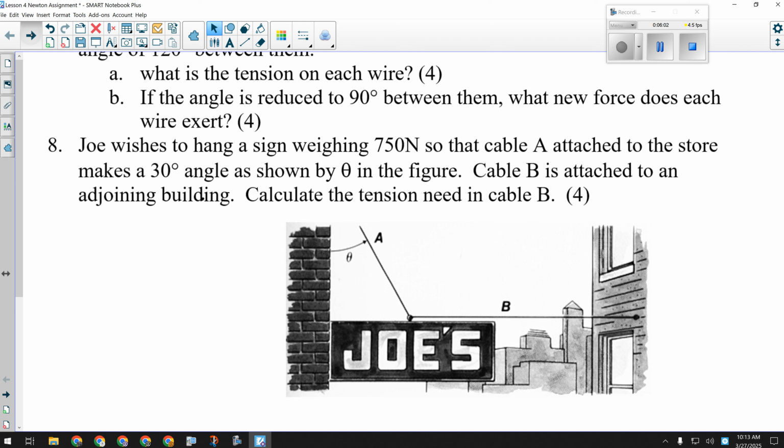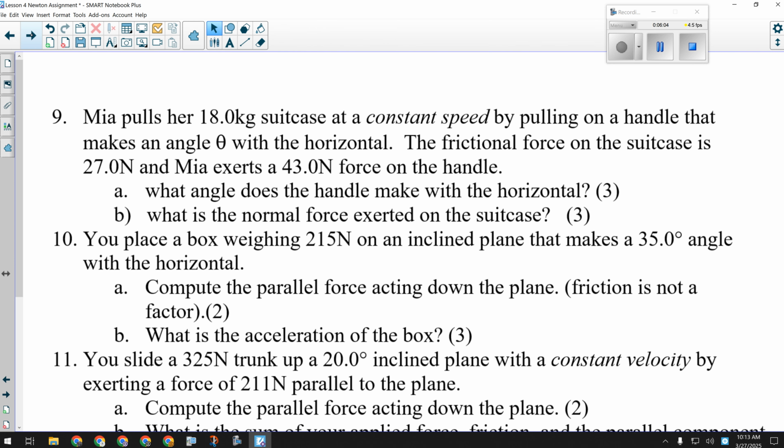All right, question number 9. In question number 9, you're pulling your suitcase at a constant speed, that's italicized, by pulling the handle at an angle. So that's like if I'm pulling this desk, the desk is angled a little bit, but the desk is only moving horizontally.